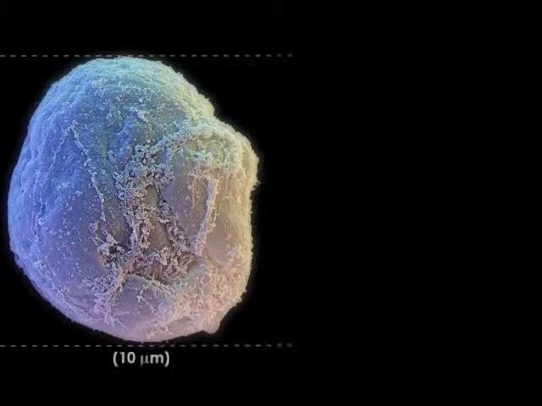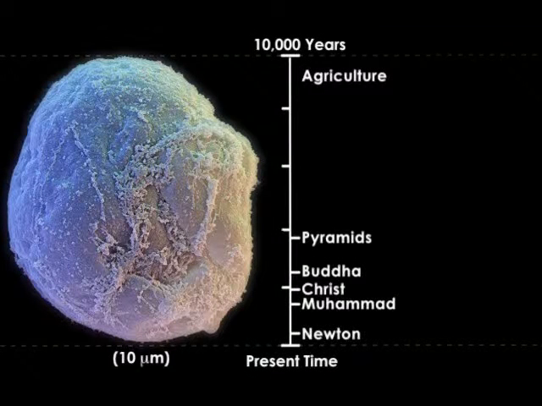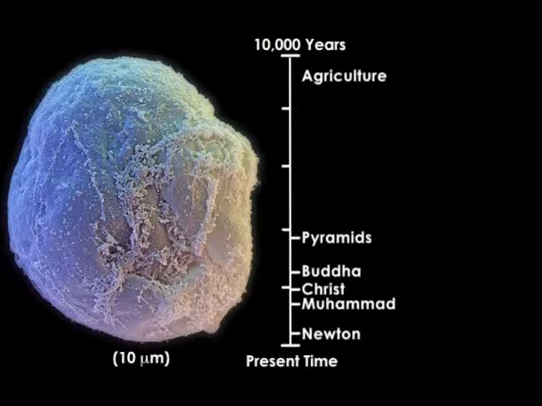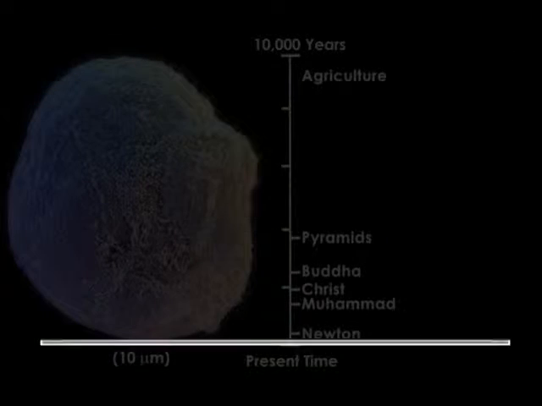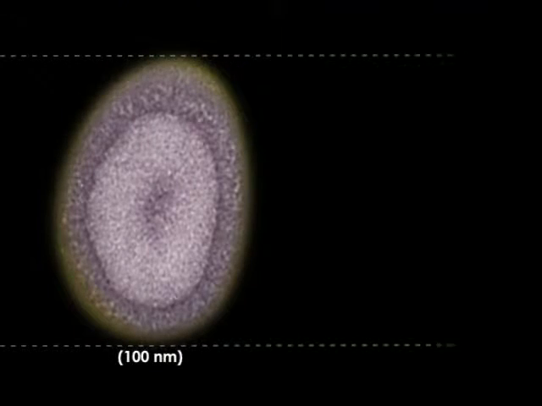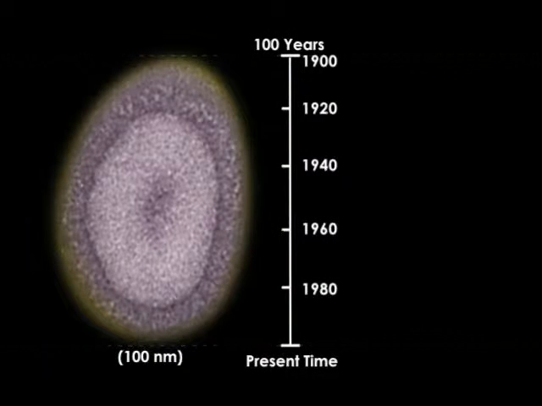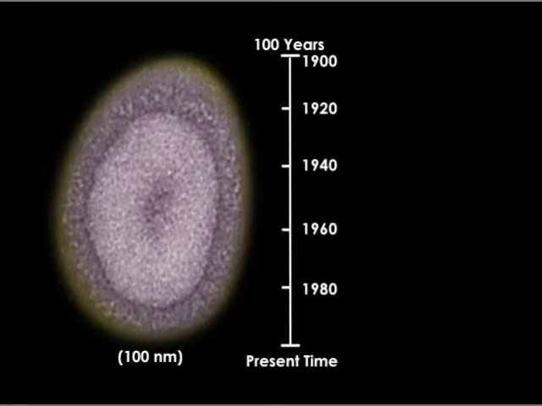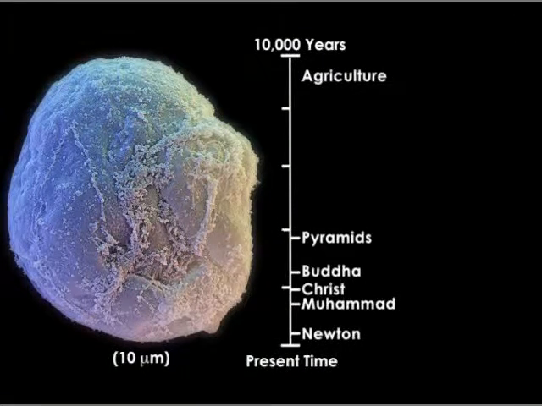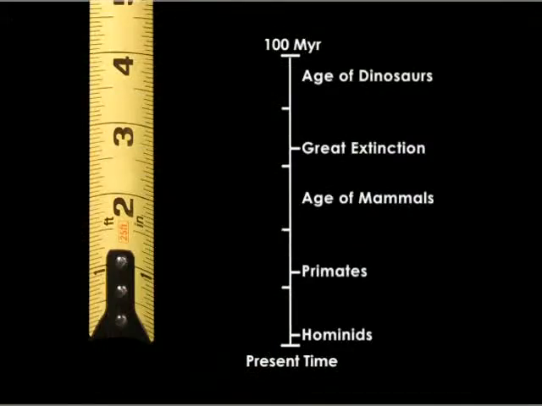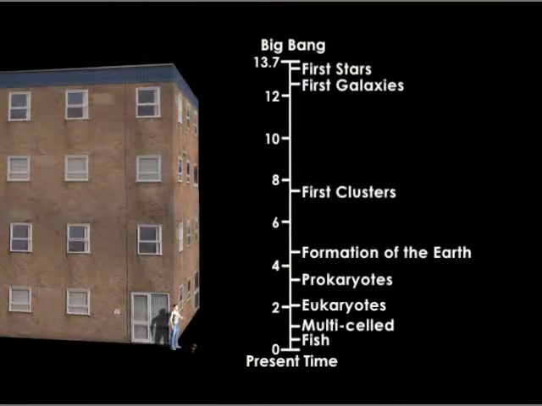The lowest 10 microns, that's the size of a human cell, contains all of recorded human history. And finally, the lowest 100 nanometers is a century of time, roughly a human lifespan. So we need this nested zoom to bring our own brief lives into the story.